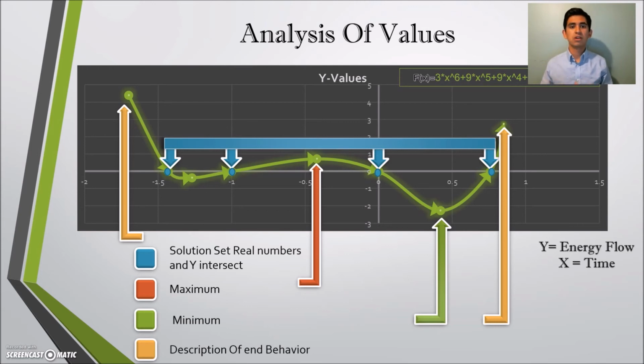The highest number, per se, in this option. My minimum: the lowest number crossing the y-axis, the lowest value. And my description of end behavior: my graph goes back to the high number after it has crossed the positive y-axis.